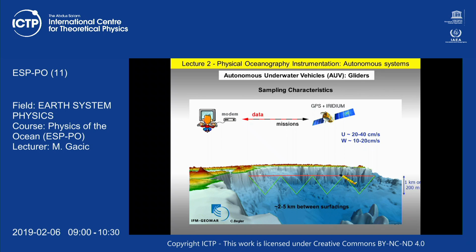You put also the nutrient sensor, oxygen, chlorophyll. They can be used also to a certain extent to give information on the horizontal flow, because if it shows drifting, then you can understand something about the horizontal velocity. But this is not the main application.